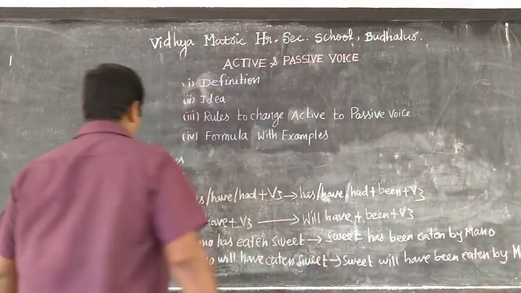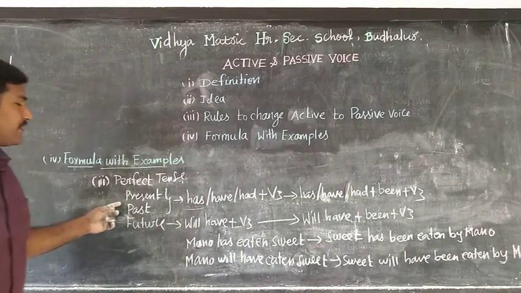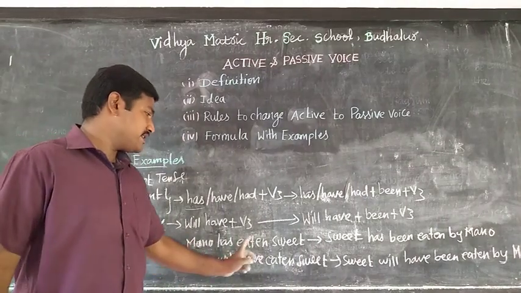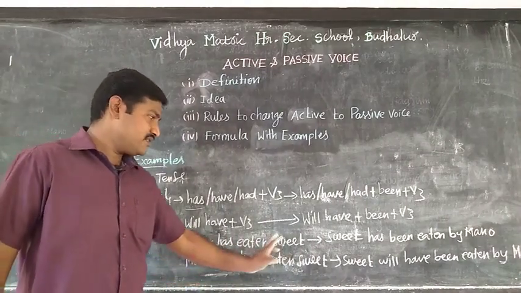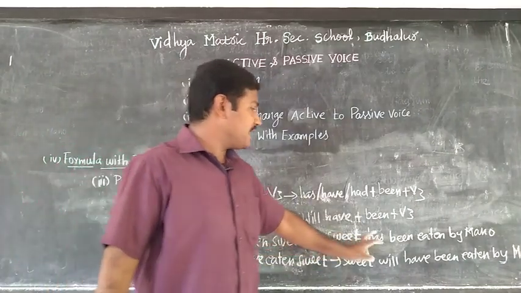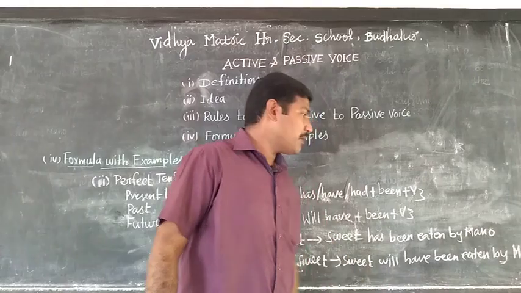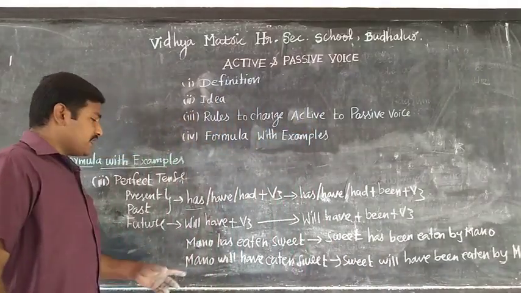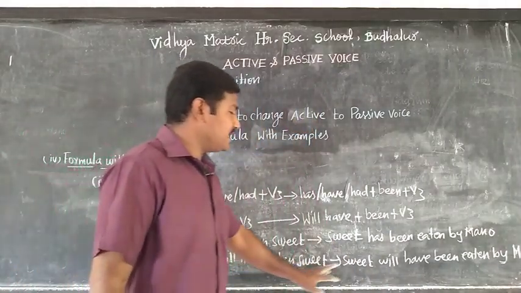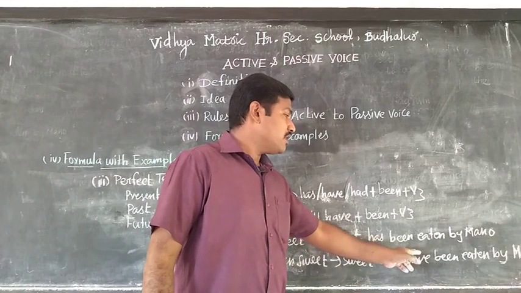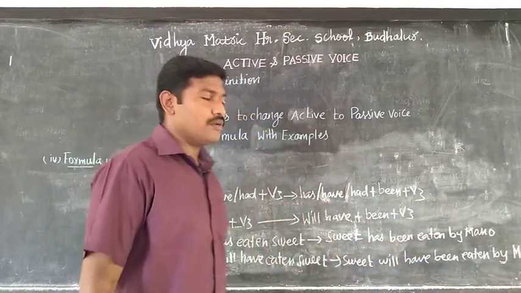Okay, are you clear? Present perfect or past perfect: Mano has eaten sweet or Mano had eaten sweet changes into sweet has been eaten by Mano or sweet had been eaten by Mano. For future perfect tense, Mano will have eaten sweet, and the sweet will have been eaten by Mano.